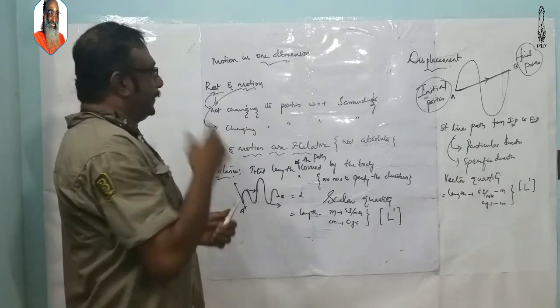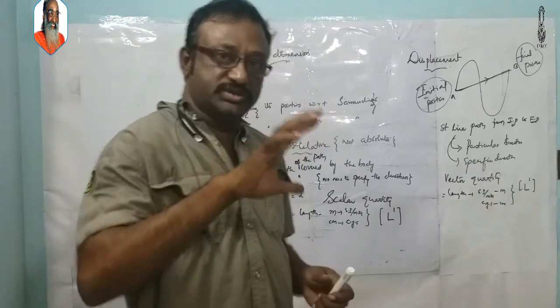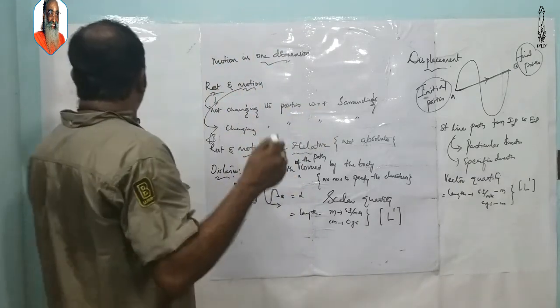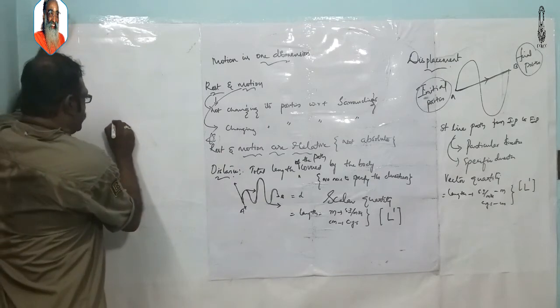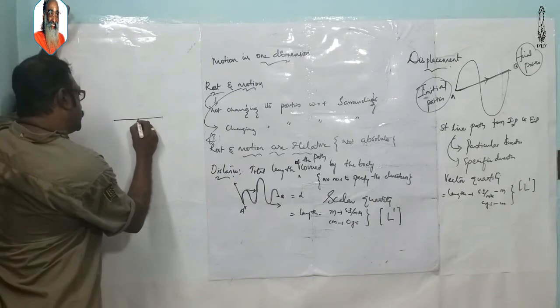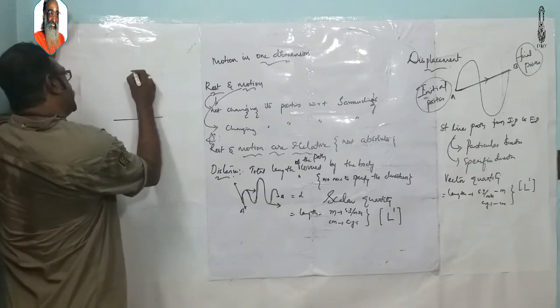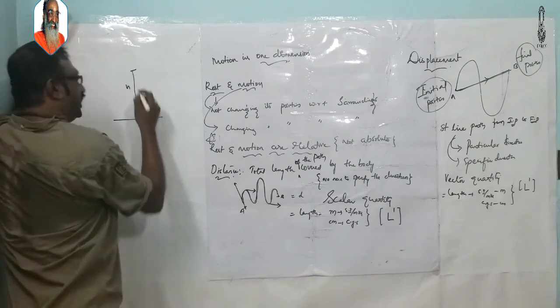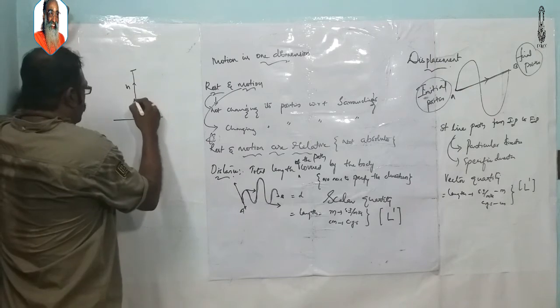And let us take some examples to understand distance and displacement. Suppose it's a ground, and from here you are throwing a stone. Now the stone has gone up to this height h, and you know that the stone will come down again.